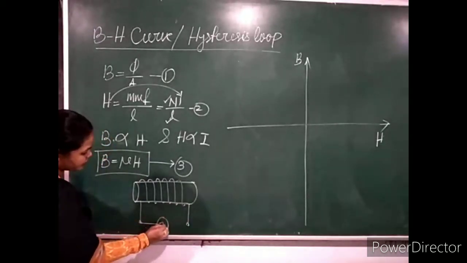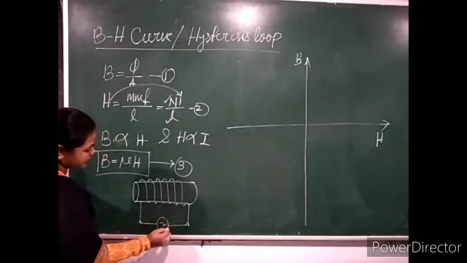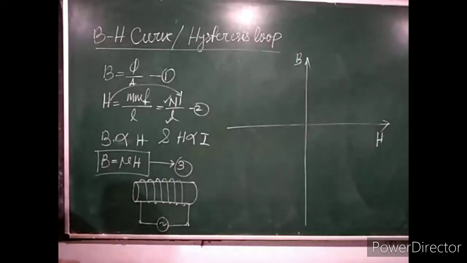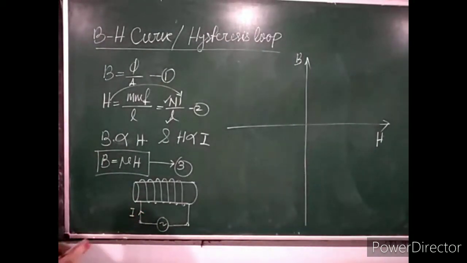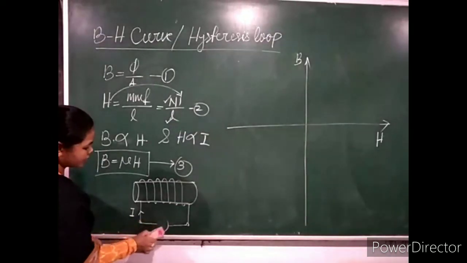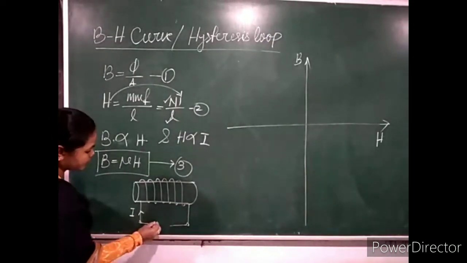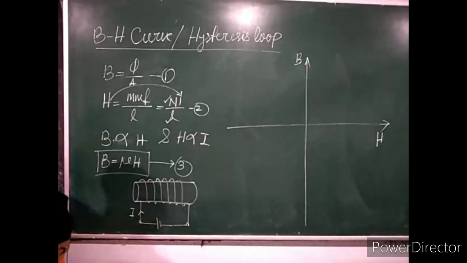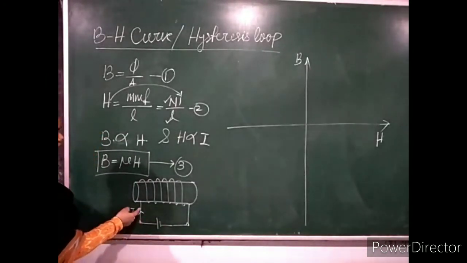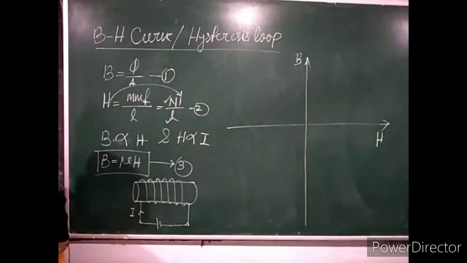I give a supply to this solenoid. Suppose this is the positive terminal and this is the negative terminal. So current I is flowing through this solenoid.